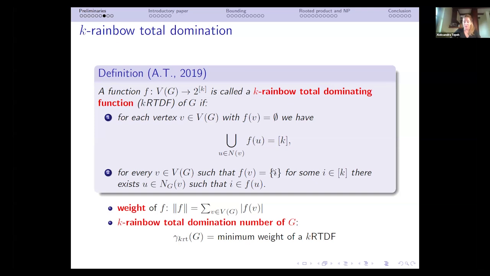So we just have to check empty sets and the ones which are labeled with just one color. The weight is defined the same as before, and the k-rainbow total domination number is just the minimum weight of a k-rainbow total dominating function. We go over all such functions.